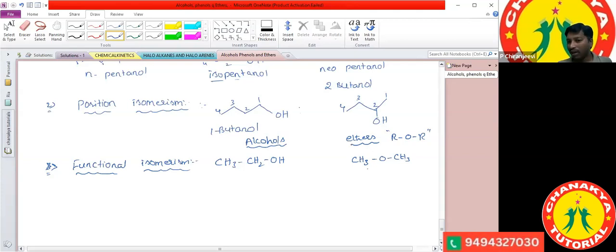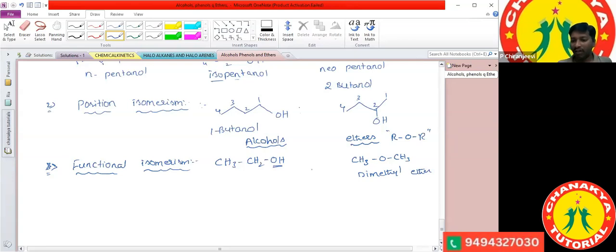Ethanol is converted into dimethyl ether. That means the alcoholic functional group is converted into the ether functional group. When two compounds have the same molecular formula but differ in their functional group, we call them functional isomers.